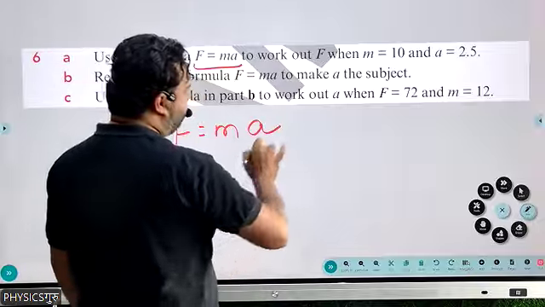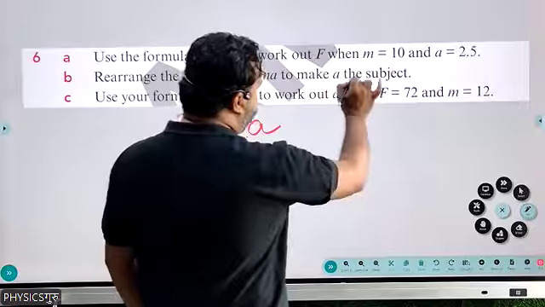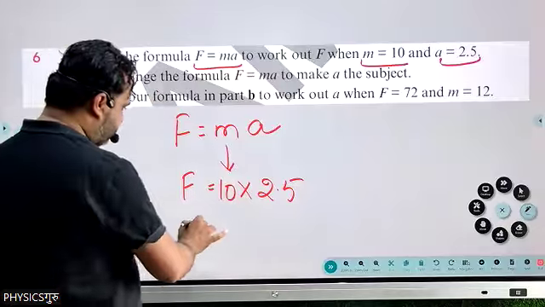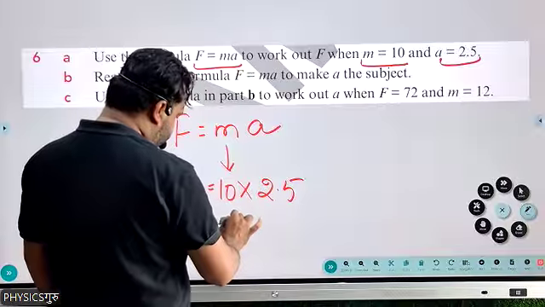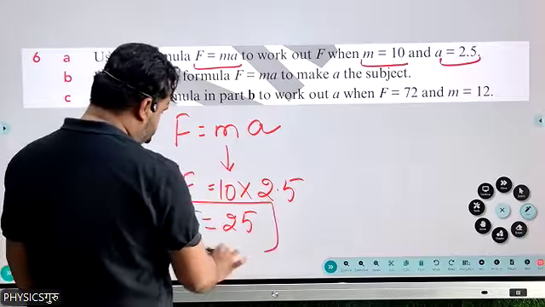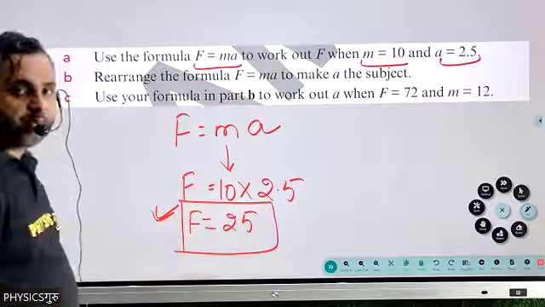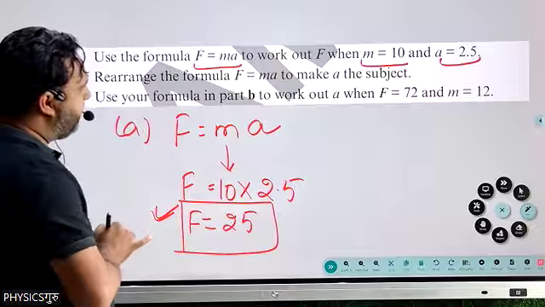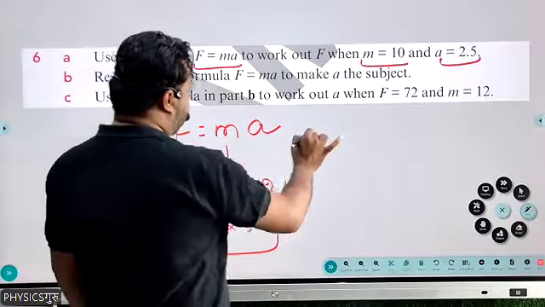The question says that when mass is 10, acceleration is 2.5. So we need to find the value for force. So 2.5 times 10 is what? 25. So force is 25. Simply multiply. So this is the first part. Now second part.